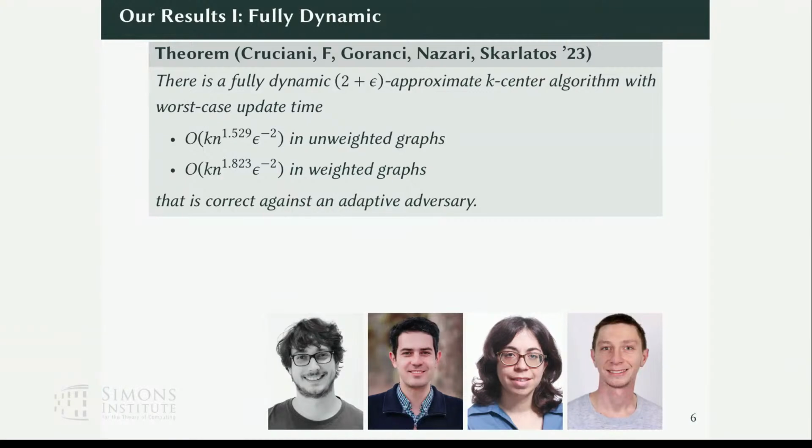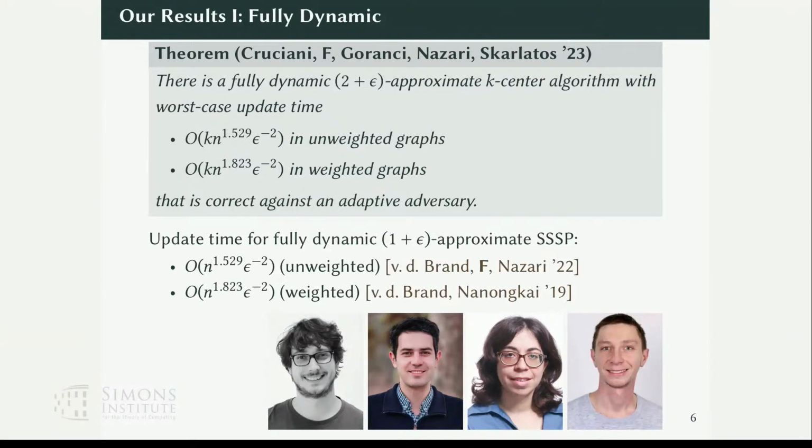Some of you might know what's going on here. Those are the update times for fully dynamic 1 plus epsilon approximate single source shortest path. And for fundamental reasons, these algorithms internally use fast matrix multiplication. So this has some explanation given by conditional lower bounds.